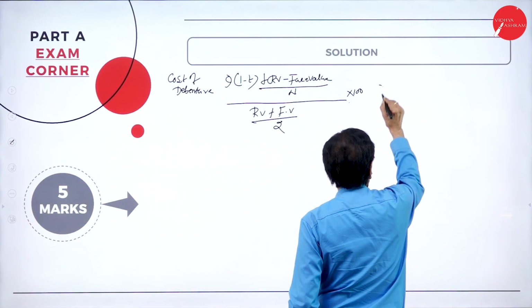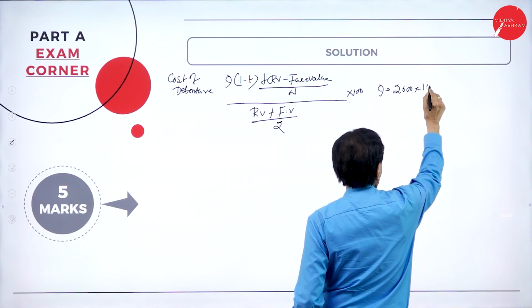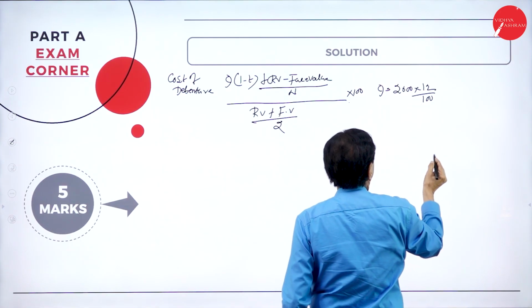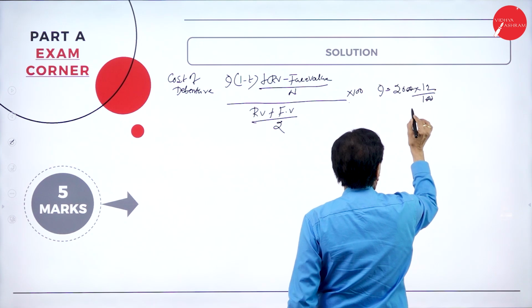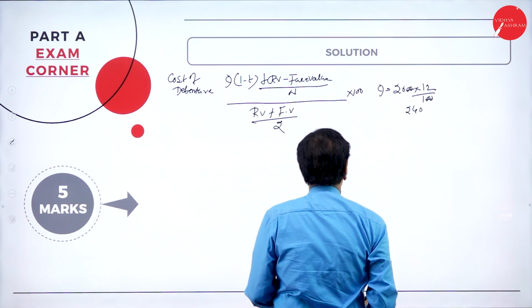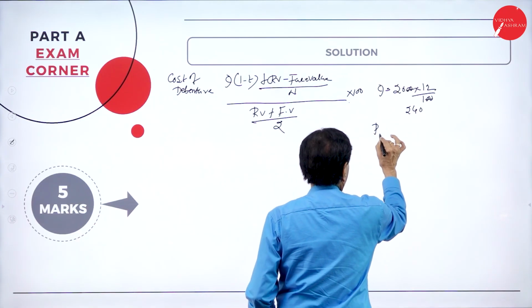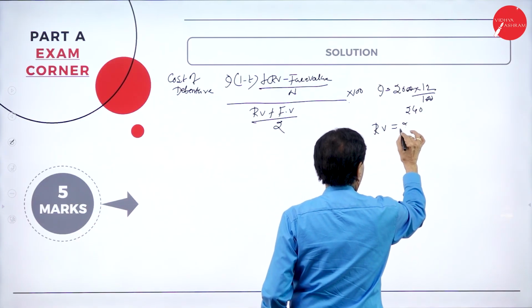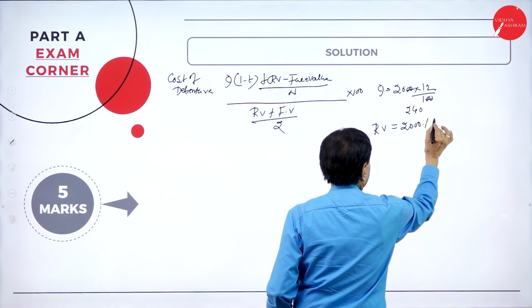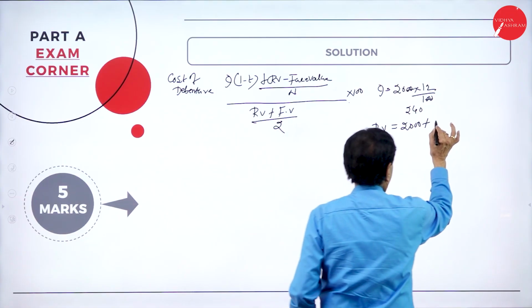I is 2000 into 12 by 100. Cancel the 20s, this is 240. So I becomes 240. What's your tax rate? 30%. Redeemable value: your face value is 2000. How much percentage? Redeemable at 5% premium.